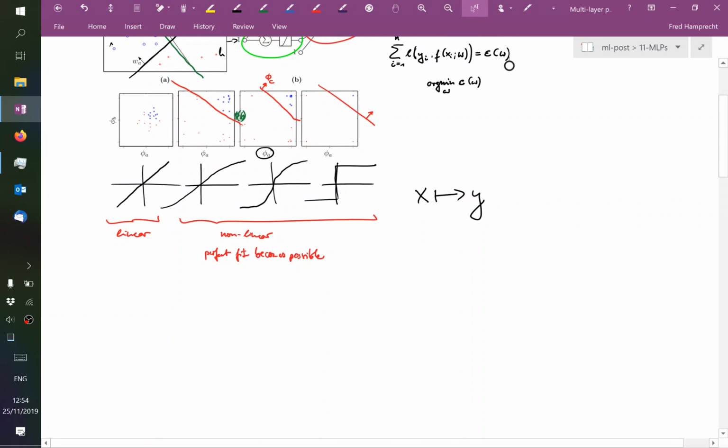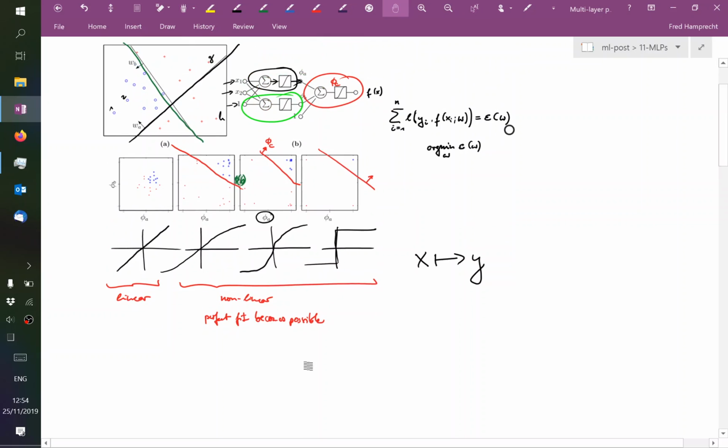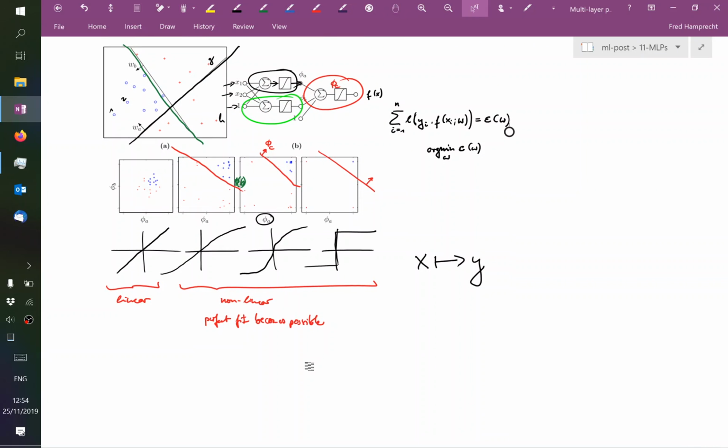So for now, let's say what we have just done here. This kind of thing is called a multi-layer perceptron, or MLP for short.